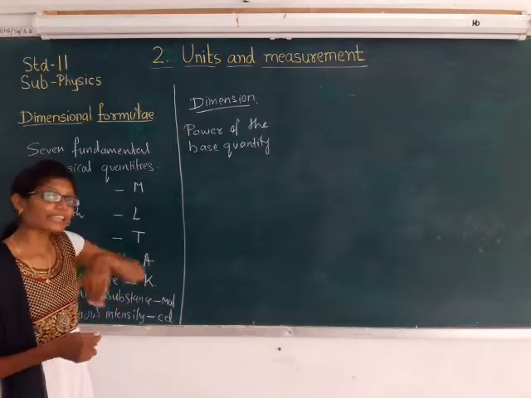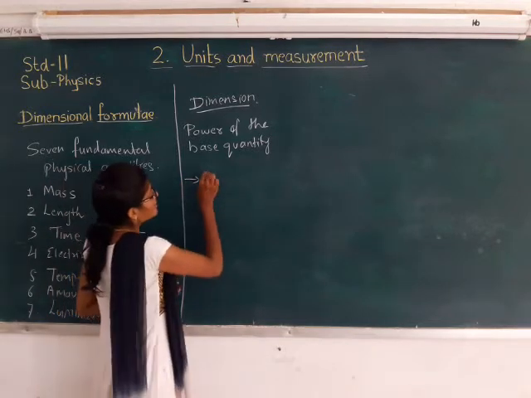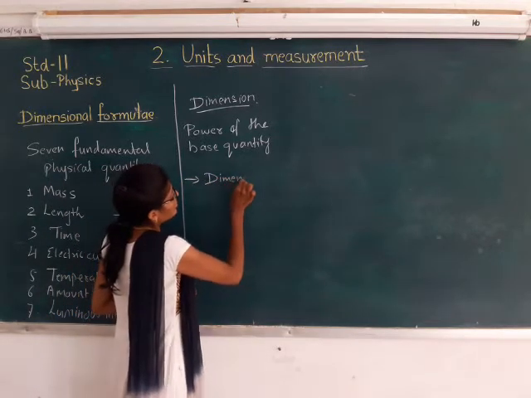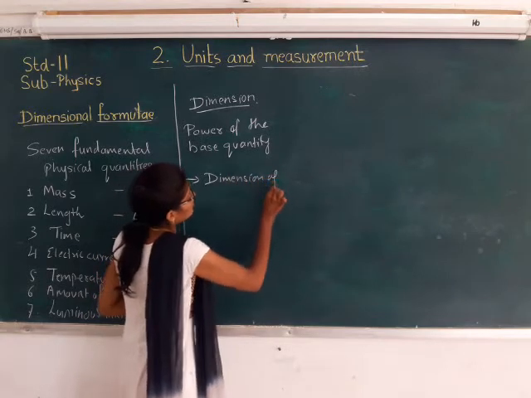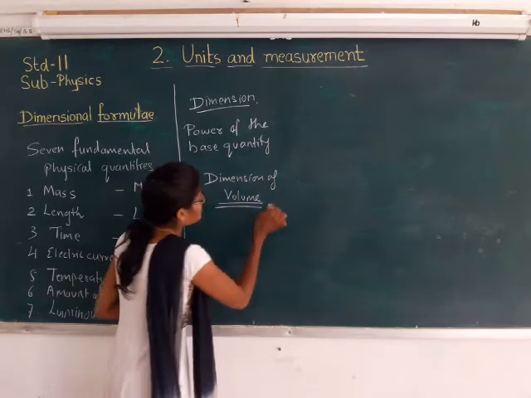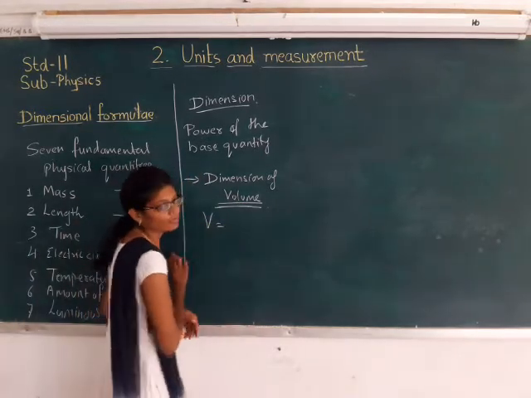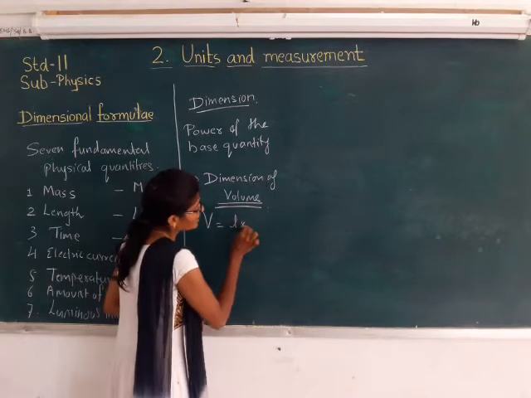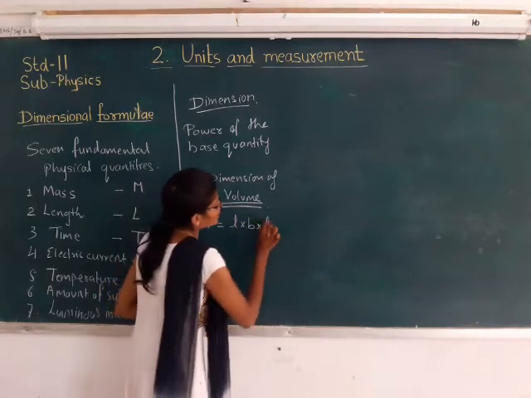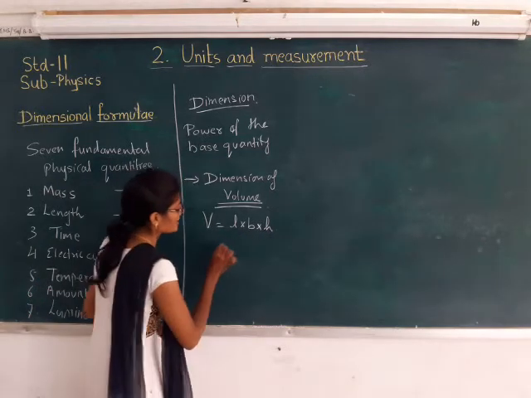Let us take any other quantity, that is a derived quantity. Let us say, what is the dimension of volume? Let us take the example of the physical quantity volume. And we know that volume is nothing but length into breadth into height, right? So these can be written as what?